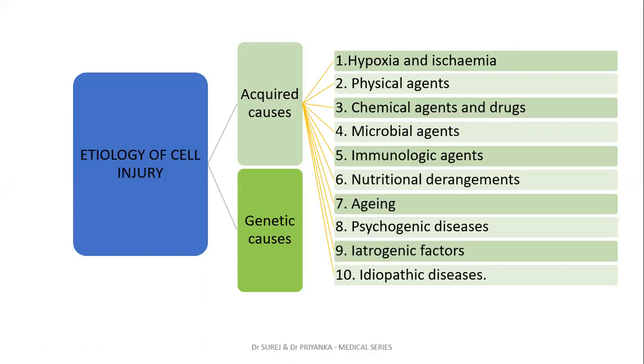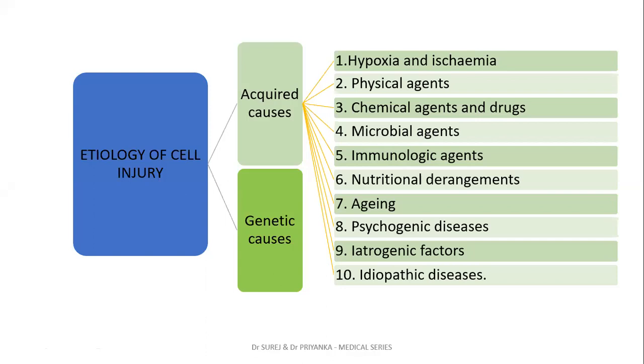Etiology of cell injury. It may be either acquired cause or genetic cause. Acquired causes include hypoxia and ischemia, physical agents, chemical agents and drugs, microbial agents, immunological agents, nutritional derangements, aging, psychogenic diseases, iatrogenic factors, and finally idiopathic diseases.